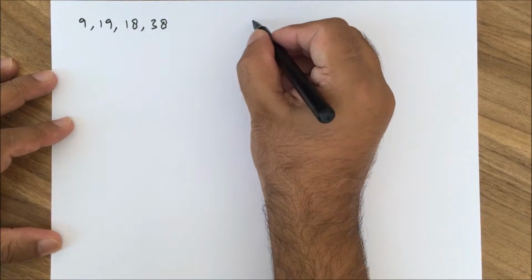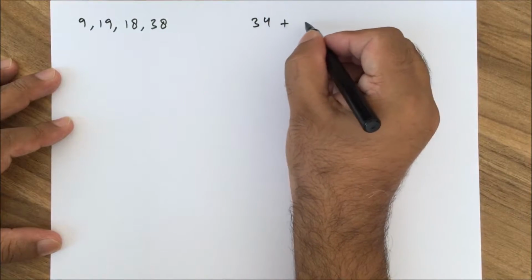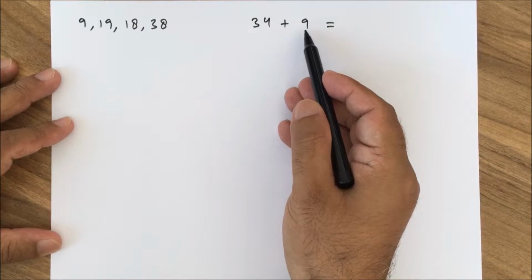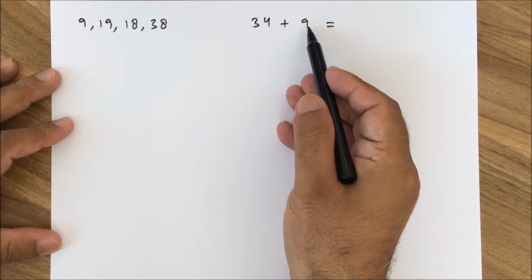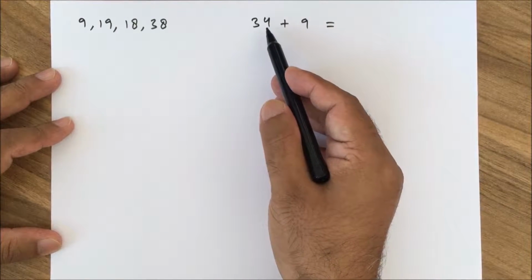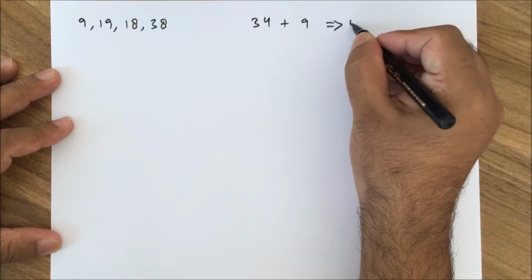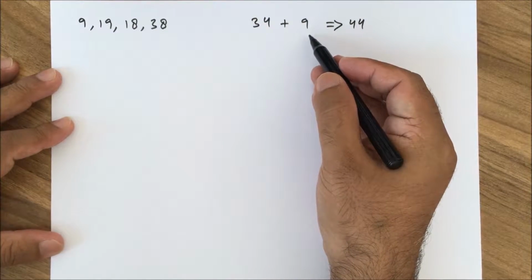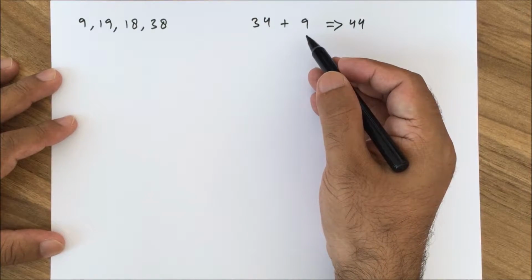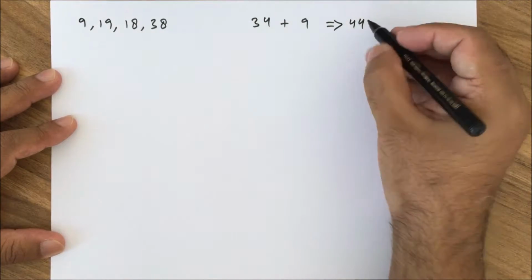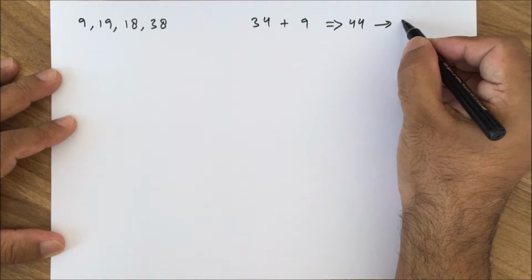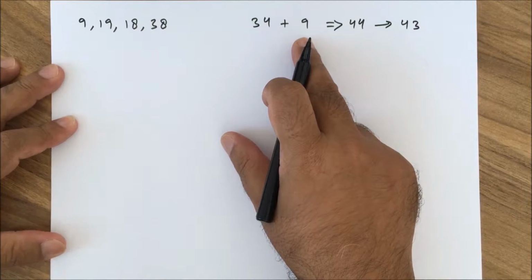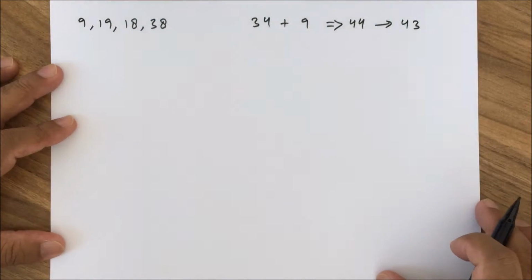If I want to add 9 to 34, instead of adding 9, I add 10 to 34 to make it 44, and because I had to add 9, not 10, I added one extra, so take away that 1 to make it 43. So instead of adding 9, we add 10 and take away 1.